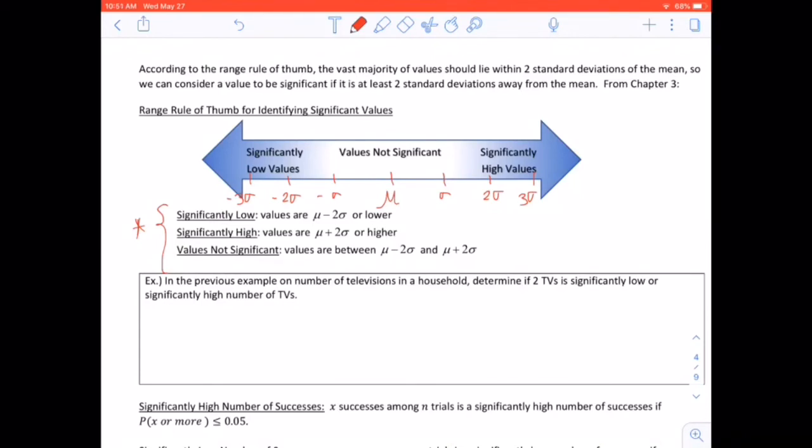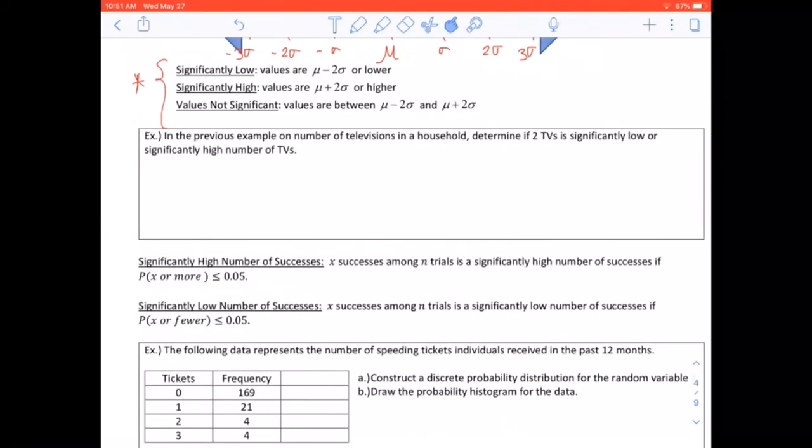So the next example says, in the previous example, on the number of televisions in a household, determine if 2 TVs is a significantly low or significantly high number of TVs. In order to figure out if something is significantly low, so we'll put SL for significantly low, we're going to have mu minus 2 sigma. And for significantly high, which I'll put SH, that means we're going to have mu plus 2 sigma.